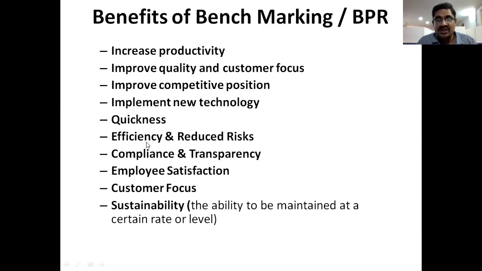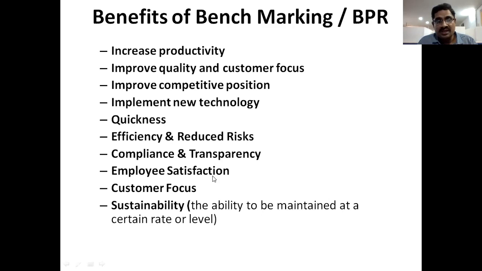We increase the efficiency in all our performances and reduce all types of risks like sales down, low profits, risk from competition, and risk from the government. These are all reduced through these contemporary issues. And next, compliance and transparency. Transparency means having a clear-cut sense.